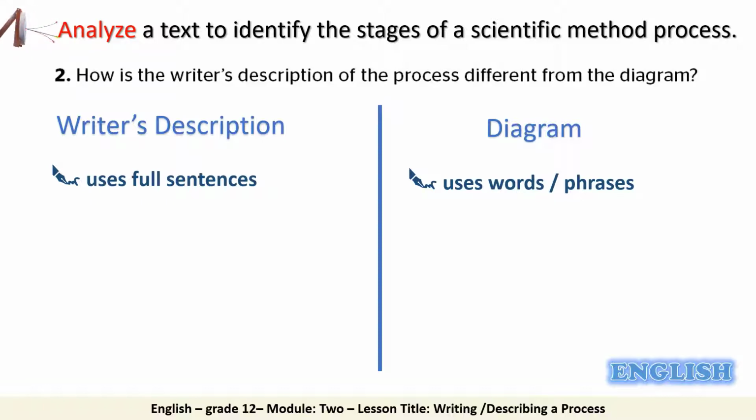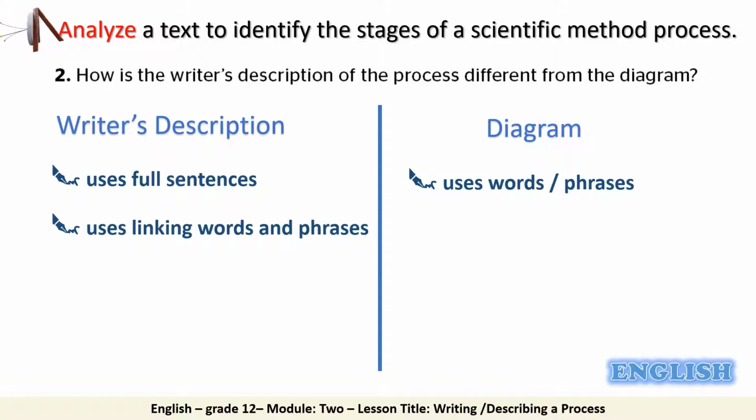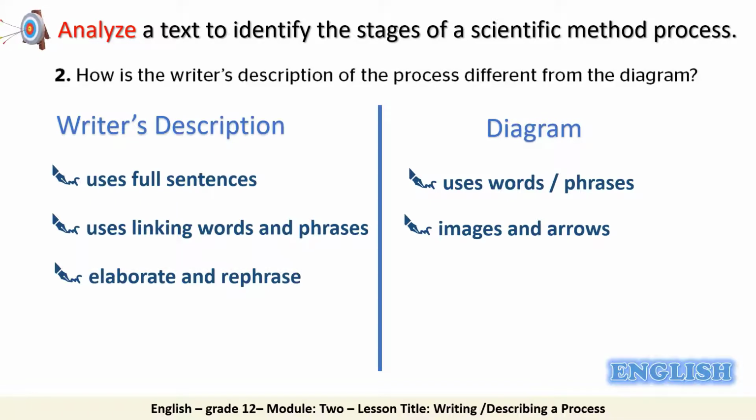Then the writer uses linking words and phrases, whereas images and arrows are used in the diagram. Finally, the writer elaborates and rephrases, which means he provides further explanations when needed.